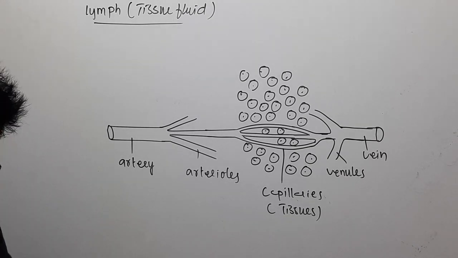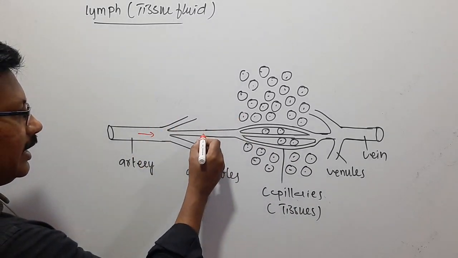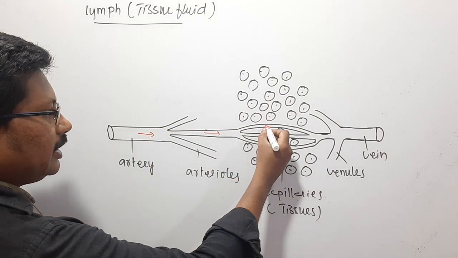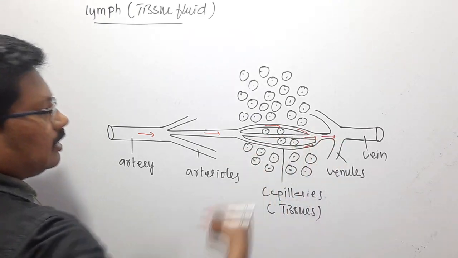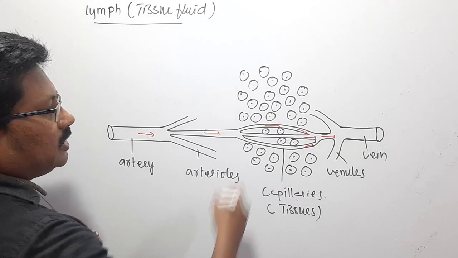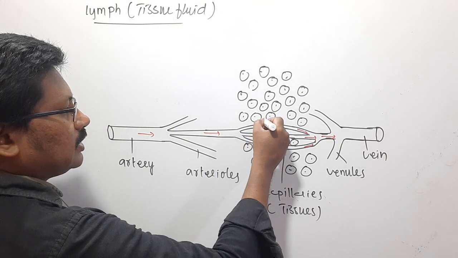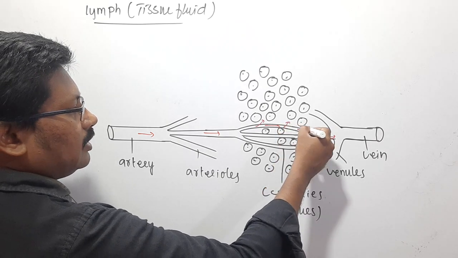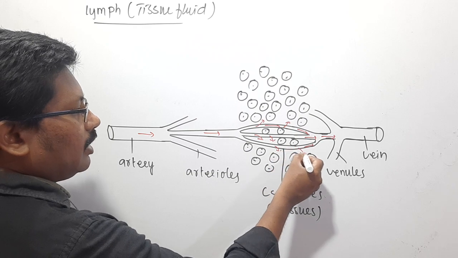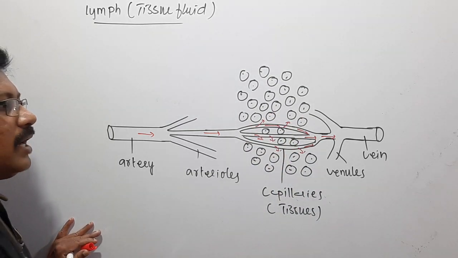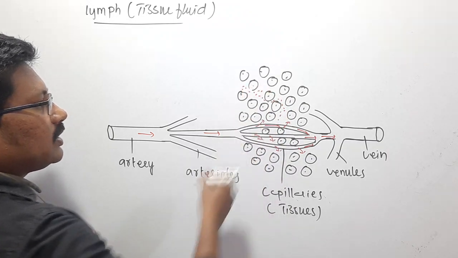Now when the blood flows through these arteries and then into the arterioles and then into the capillaries, certain substances like water, some smaller proteins, right, then glucose and other materials will, along with that water, pass into the spaces present between the cells.